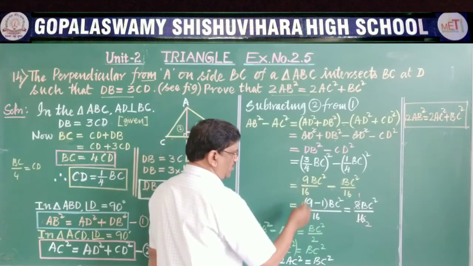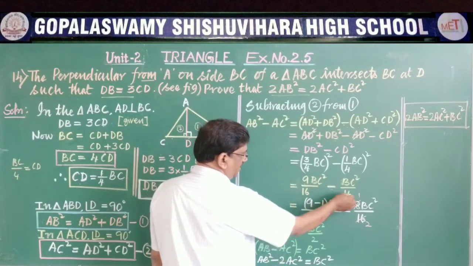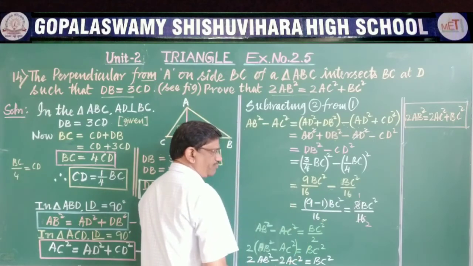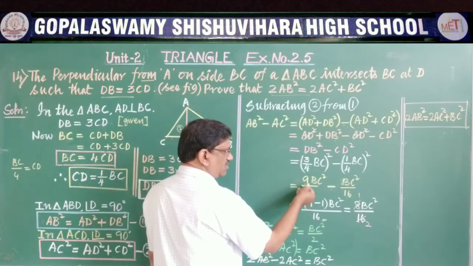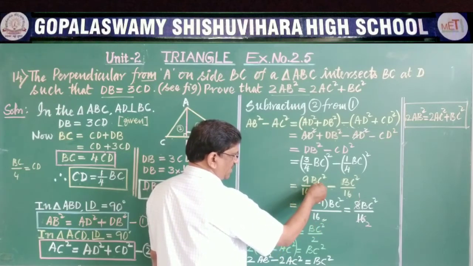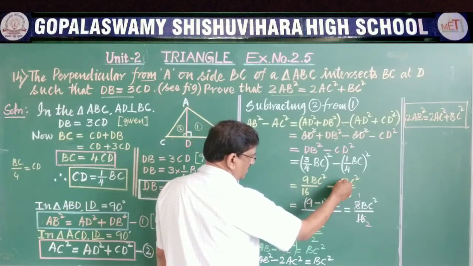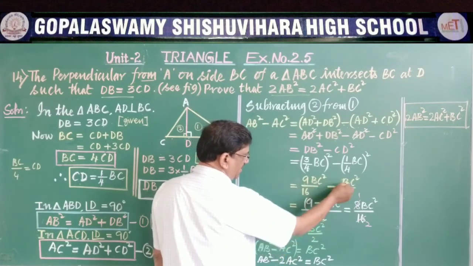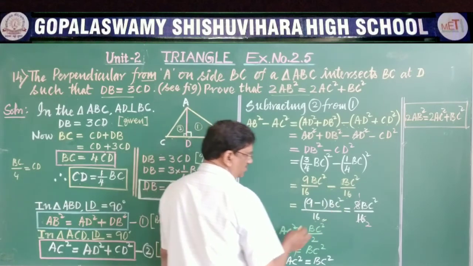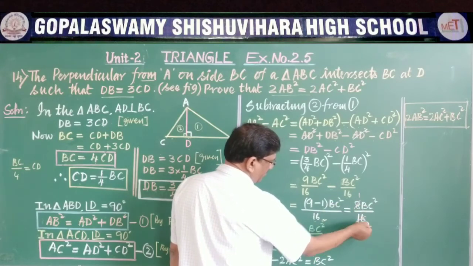Now we take LCM in these two. Because the denominator is same, the LCM is 16 itself. So 9 BC square minus 1 BC square, divided by 16. So 9 minus 1 is equal to 8 BC square divided by 16.